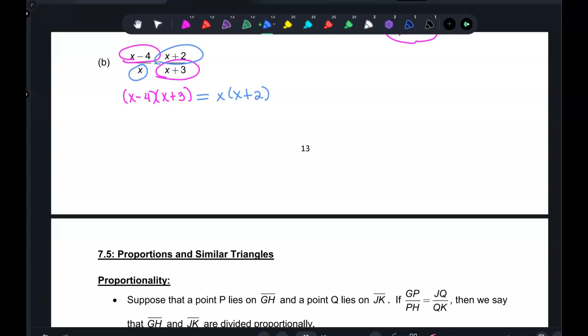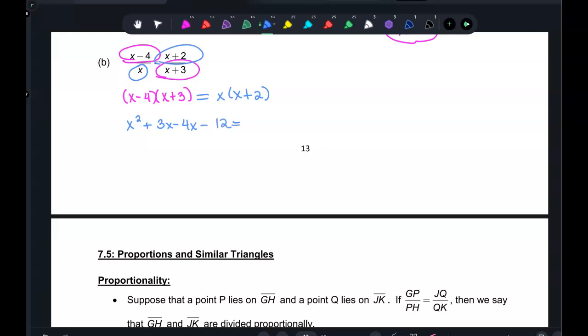Is it negative 4? Can we work outside? Where, like in the hallway? It's actually really nice out.